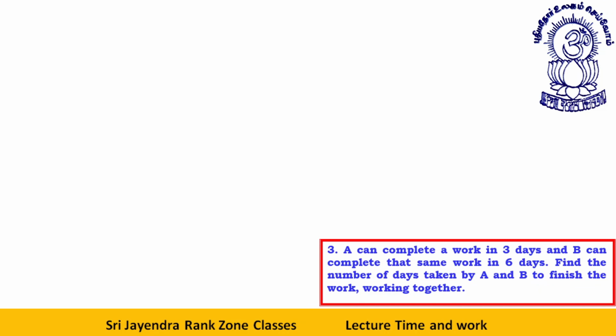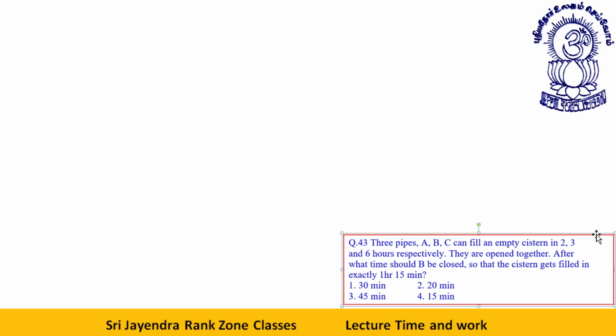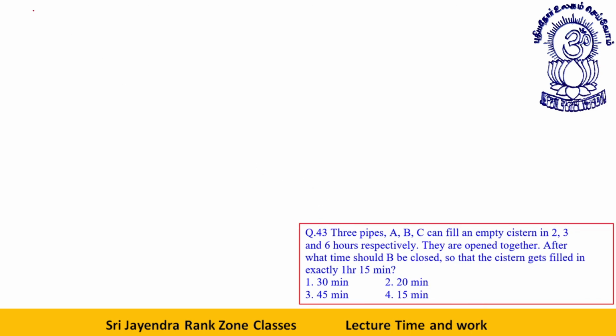Let's take the last question for the day. 3 pipes A, B, C can fill a cistern in 2, 3, 6 hours.